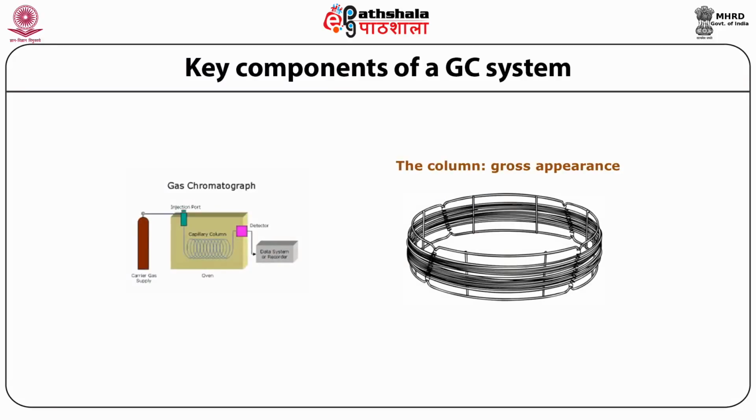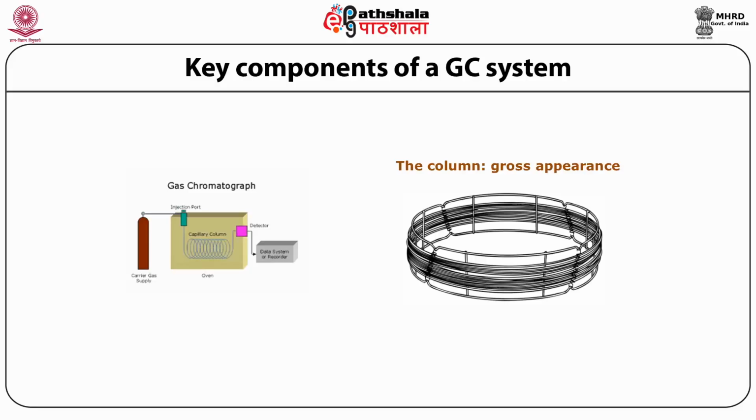Now, slide 10 is showing you the typical layout of a gas chromatograph. Of course, this is a schematic diagram, and I shall show you the components of a GC system as well later. But as you can see, there is a carrier gas supply which carries your sample through. You put the sample in the injection port, and then the sample is carried along with the carrier gas through the column, and the column that I have represented here is the capillary column.